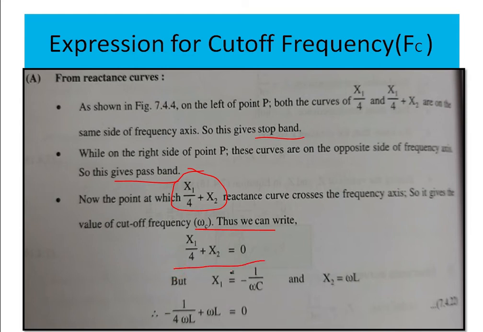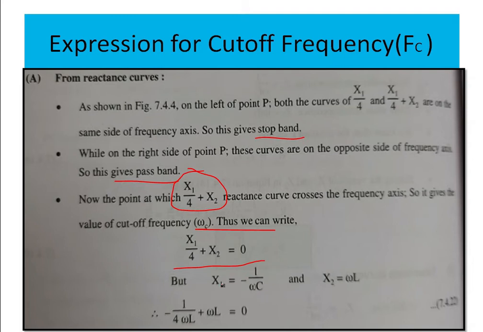Then X1 is the reactance of the capacitance, and X2 is the reactance of the inductance. So X1 is equal to minus 1 upon omega C and X2 is equal to omega L. Therefore minus 1 upon 4 omega C plus omega L is equal to 0.